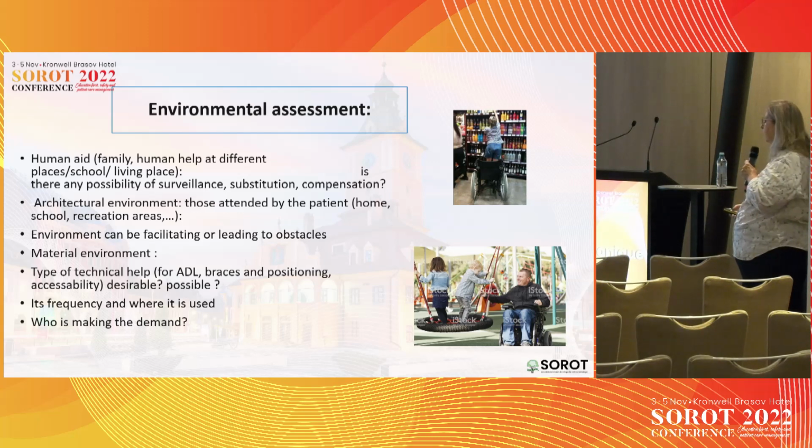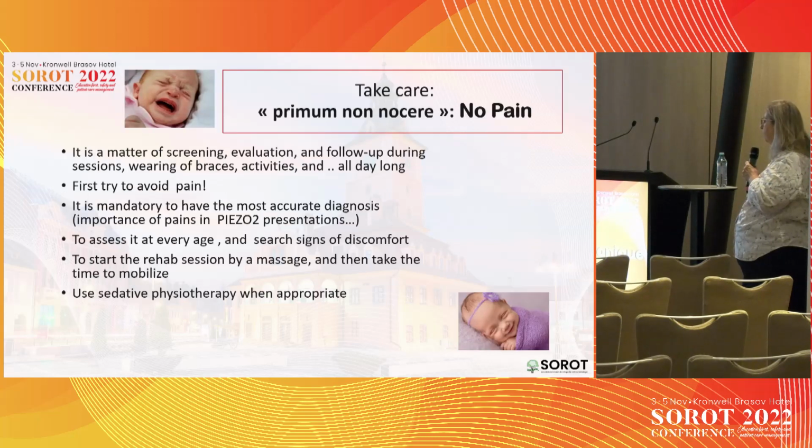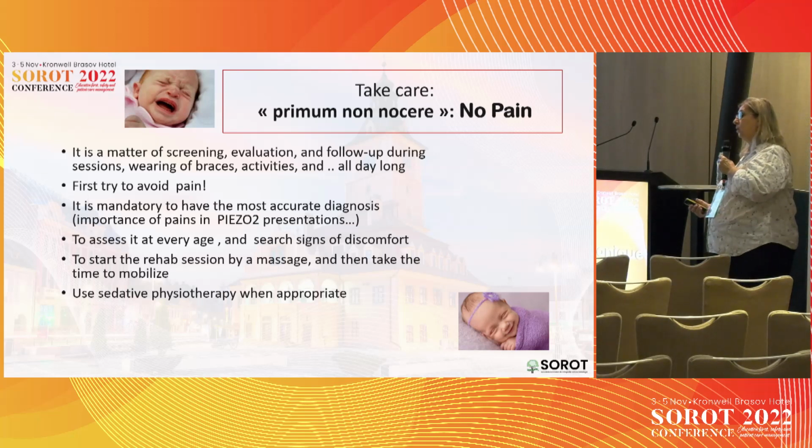So it's very important, because sometimes a material that we decide to buy is very expensive, so we have to be careful. In the rehabilitation, in all the sessions in France, we do it very often at home, or we teach the parents to do it.